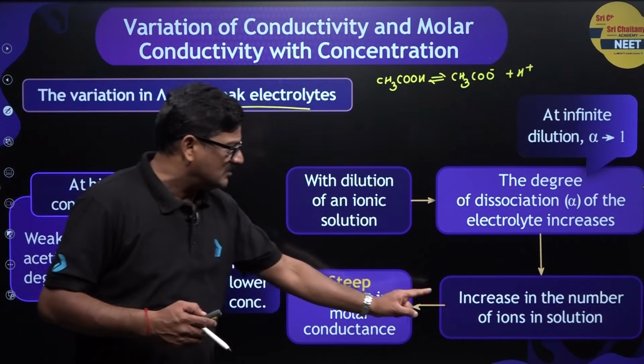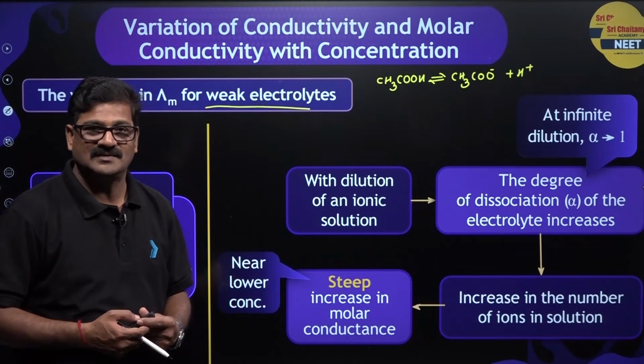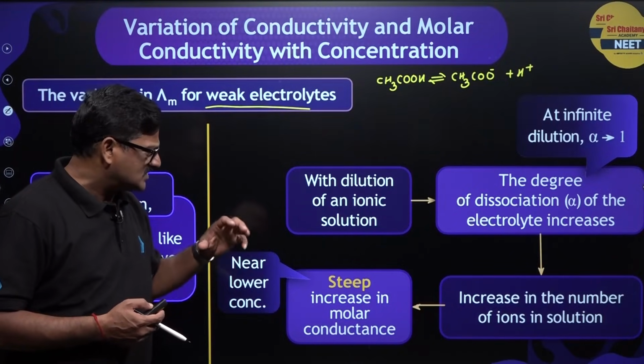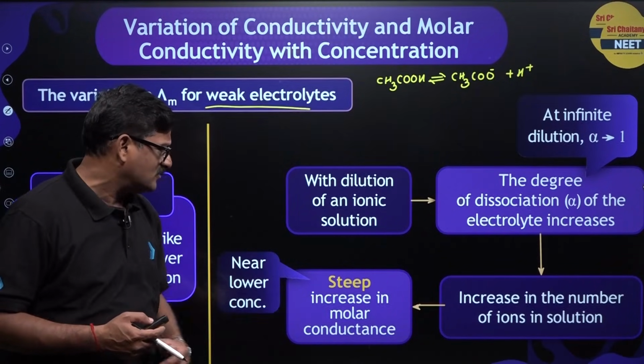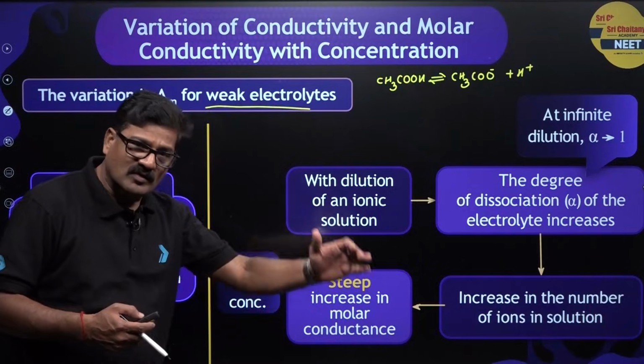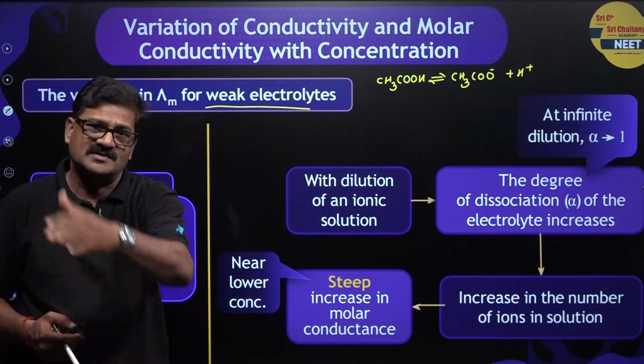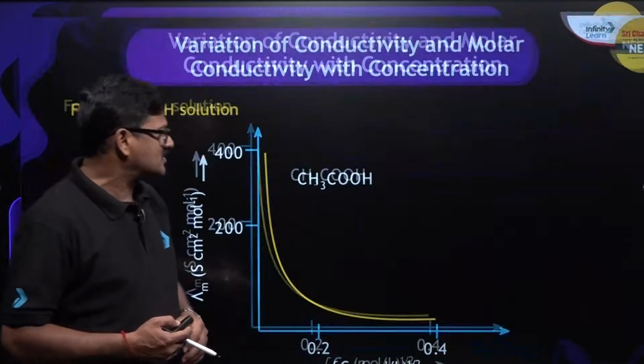This increases the number of ions in the solution. So there is a steep or sudden increase in the molar conductance near lower concentration. It increases suddenly, so it appears like this.